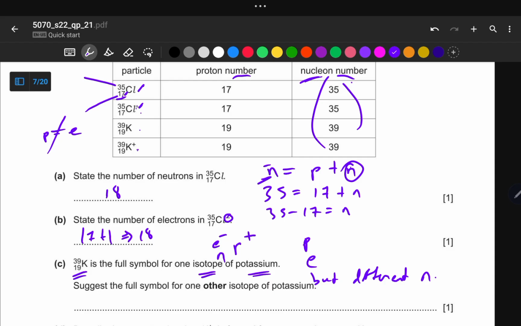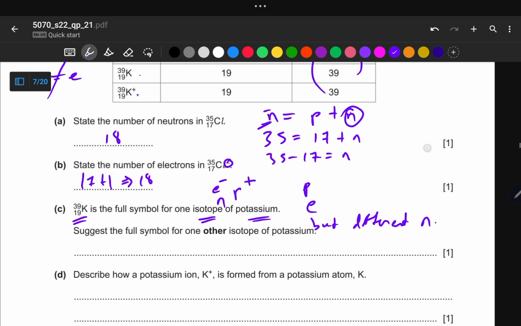We have discussed this in its full depth in the topic of series. So you should go and watch our tutorial so that this can solidify in your mind. Suggest a full symbol for the other isotope of potassium. We are only going to change where we are having the mass number.